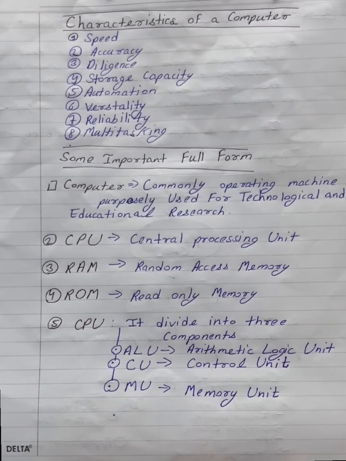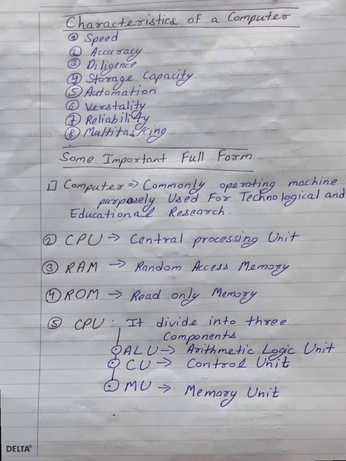Let's first discuss computer. So it stands for commonly operating machine, purposely used for technological and educational research. We can say that it's a popularly used acronym but not an official technical full form. In reality, the word computer comes from the word compute, which means to calculate.